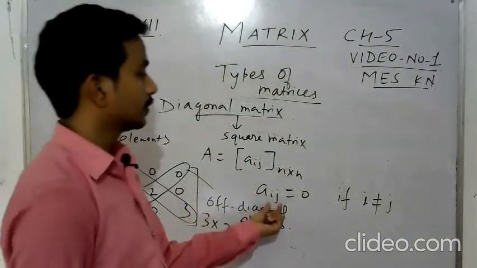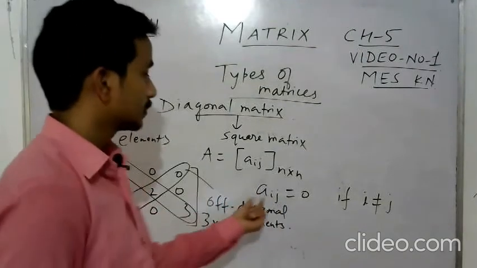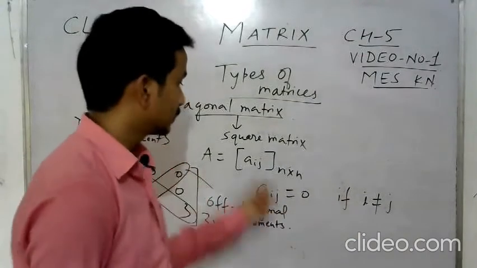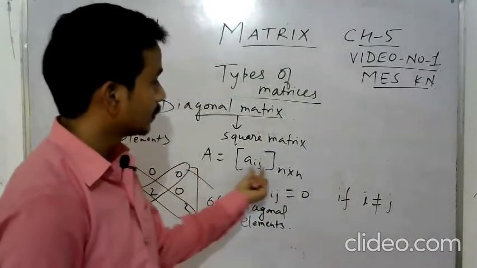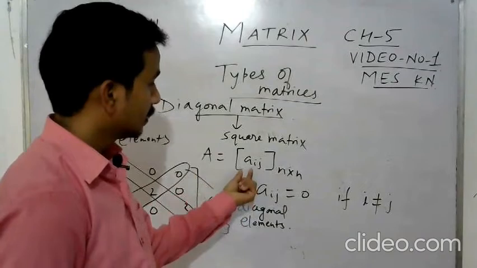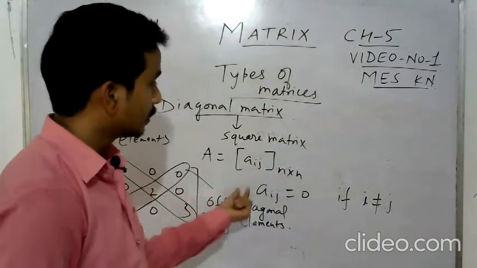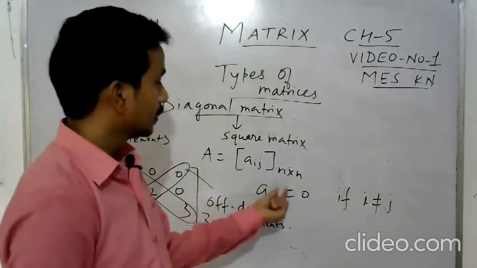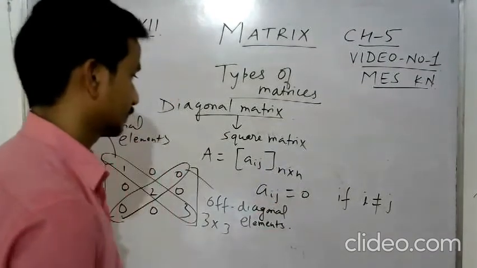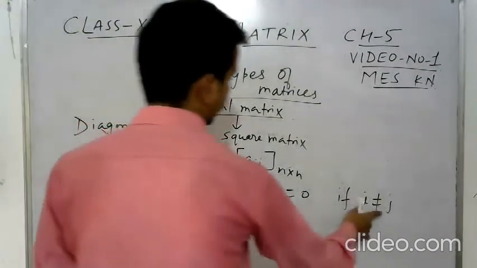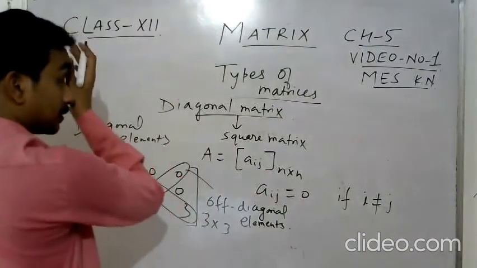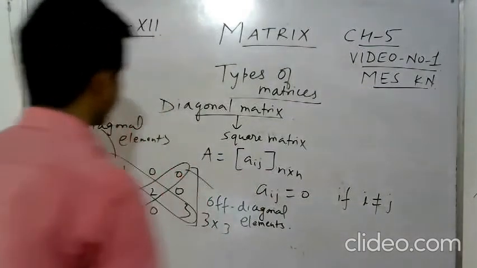Simply, a square matrix A equals Aij of order n by n is said to be a diagonal matrix if and only if Aij is equal to 0 for i not equal to j.